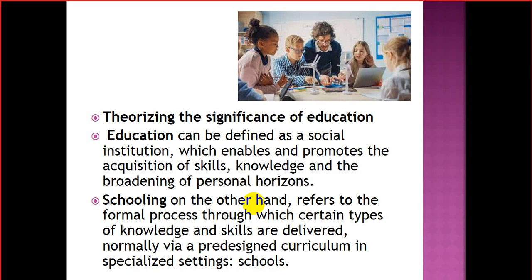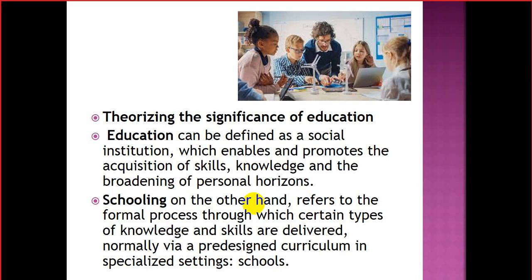However, there is a difference between education and schooling. Education can be defined as a social institution which enables and promotes the acquisition of skills, knowledge, and the broadening of personal horizons. Education can take place in many social settings.